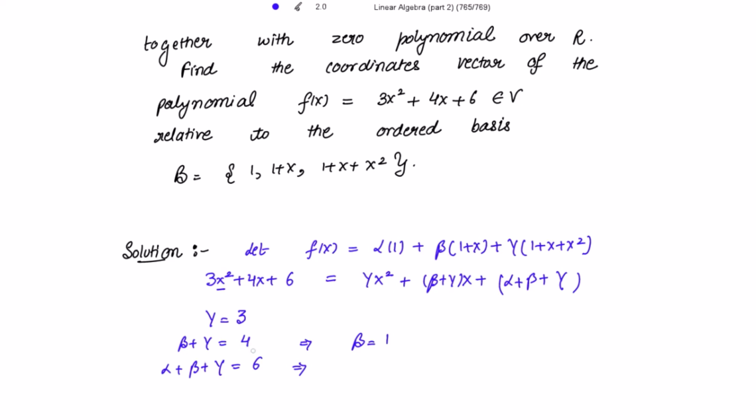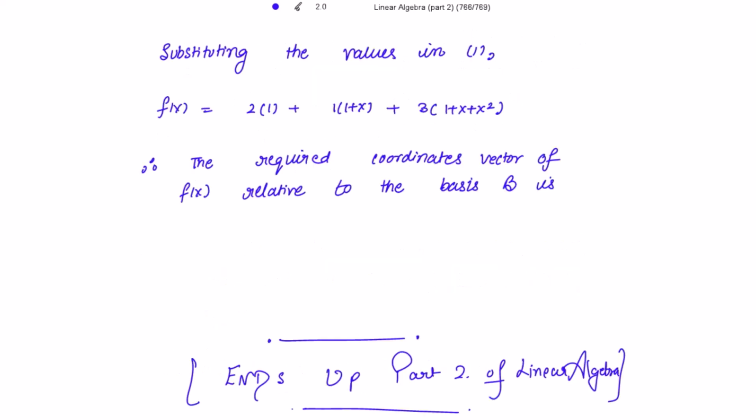Beta plus gamma is 4, alpha plus beta plus gamma is 6, and gamma is 3, beta is 4 minus 3, 1. Beta plus gamma is 4, so alpha is equal to 6 minus beta plus gamma, that is 6 minus 4, which is equal to 2. Excuse me, I'm very sorry for this. So alpha is coming out to be 2.